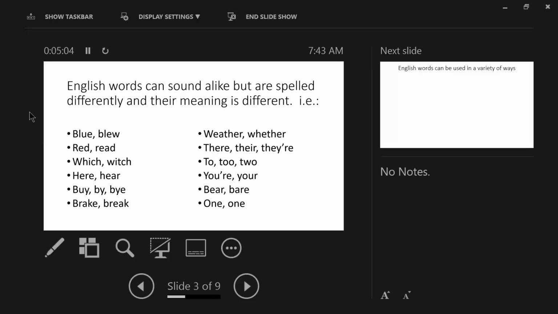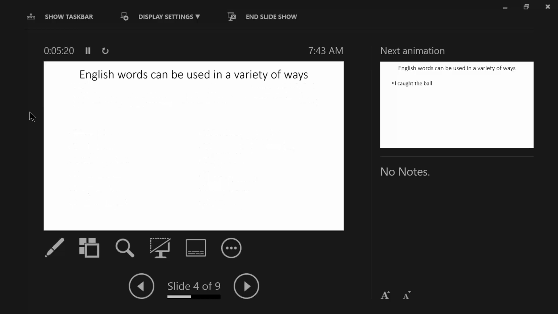The person talks to his friend from Ecuador and said, I read a book. And the person from Ecuador might only understand red as a color of a flower in his country. And then English words can be used in a variety of ways.